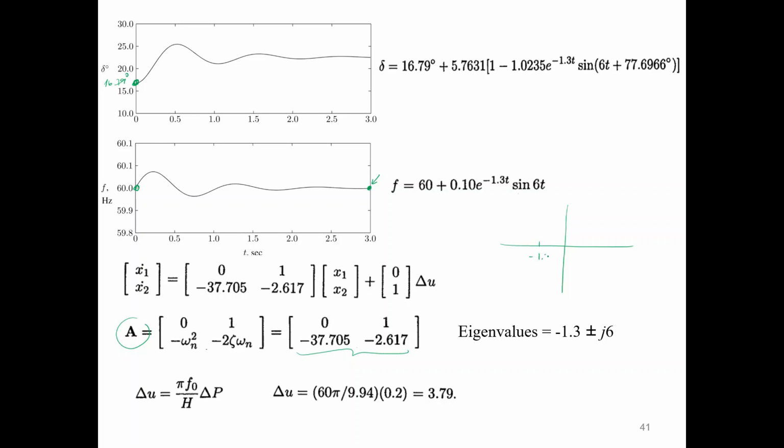Negative 1.3, plus and minus, so the eigenvalue is like this. As long as the eigenvalue doesn't move to the open right half plane, this is stable. Okay, this is what you learn from the eigenvalue property. I think this should be clear.